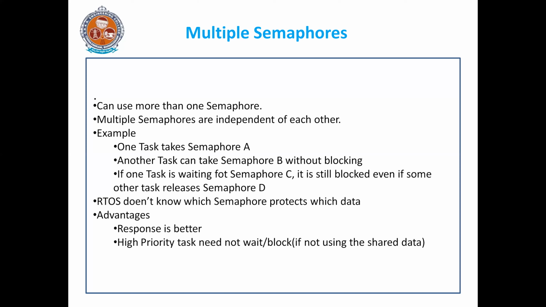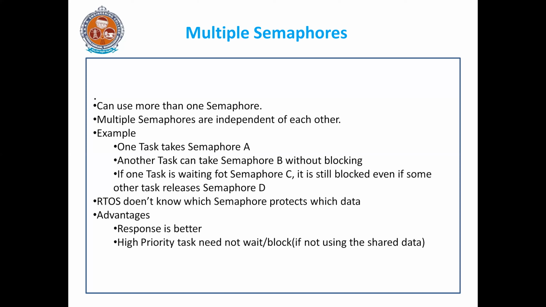If one task is waiting for semaphore C, and at the same time semaphore D is released by another task, the task that needs semaphore C will not be unblocked, because it wants semaphore C. Even though D is released, that is not the semaphore required by this task.